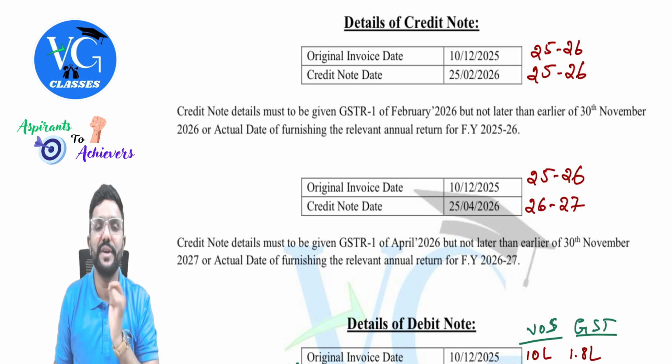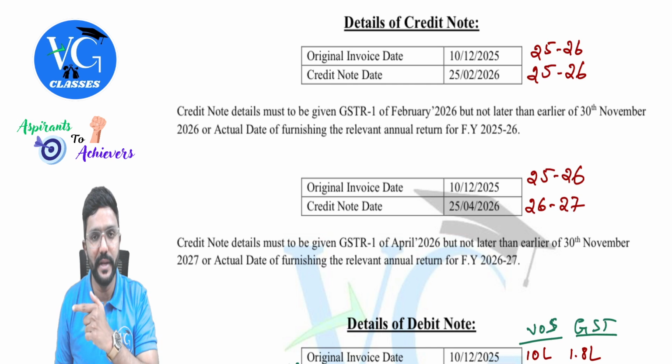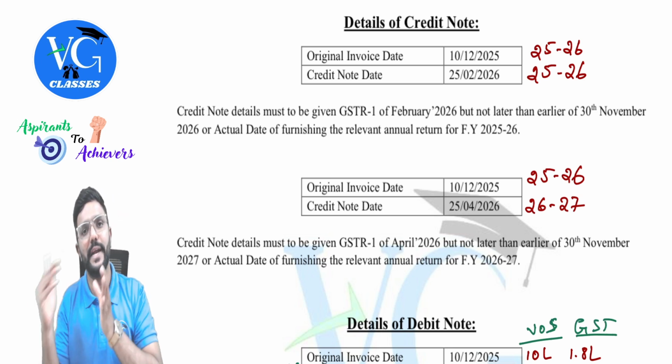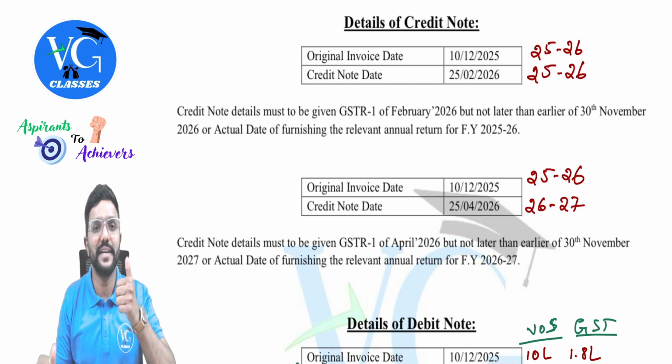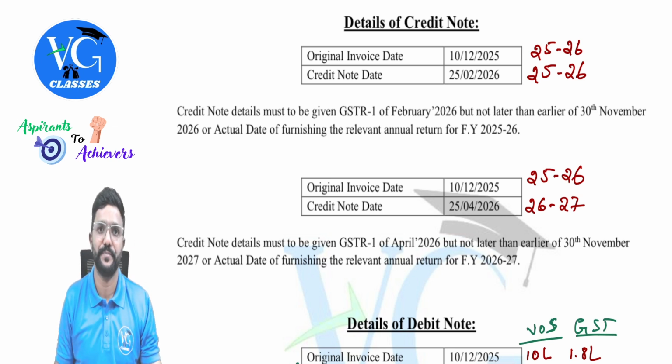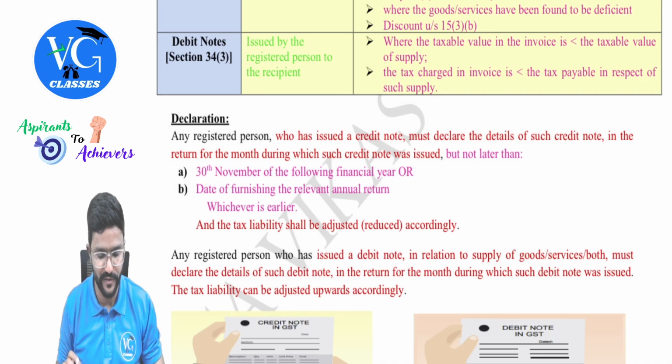So in January I am issuing the credit note. For January month, I will file GSTR-1 in February. So in that GSTR-1, I have to give the details of this credit note. But I can also give it later. Later means within 30th November of the next financial year or the actual date of filing the annual return, whichever is earlier, guys. Okay, let us learn that provision first.